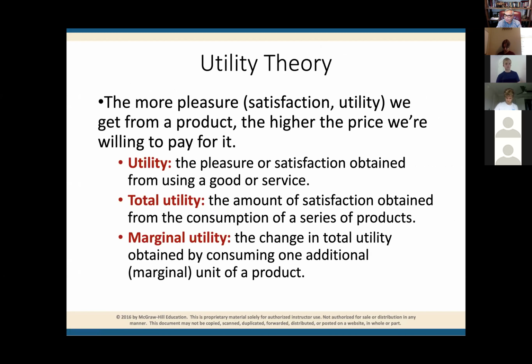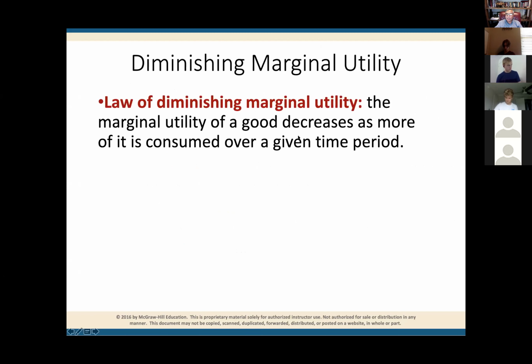The additional utility is the marginal utility that we get. And again, there's a law of economics called the law of diminishing marginal utility, which simply means that the more you consume, the less pleasure or satisfaction you're going to get.